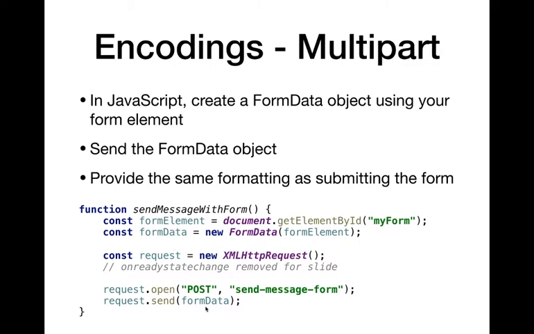Since we set the encoding type to multipart, that's going to have the same exact format as if we submitted the form through a post multipart request to a specific path and then just reload the page with the response. We have that same exact format, except now it's going to be in an AJAX request. So if you want to reuse all that parsing code, and when you're writing these AJAX forms for homework 5, pull the form data, send that form data in the body of the request.